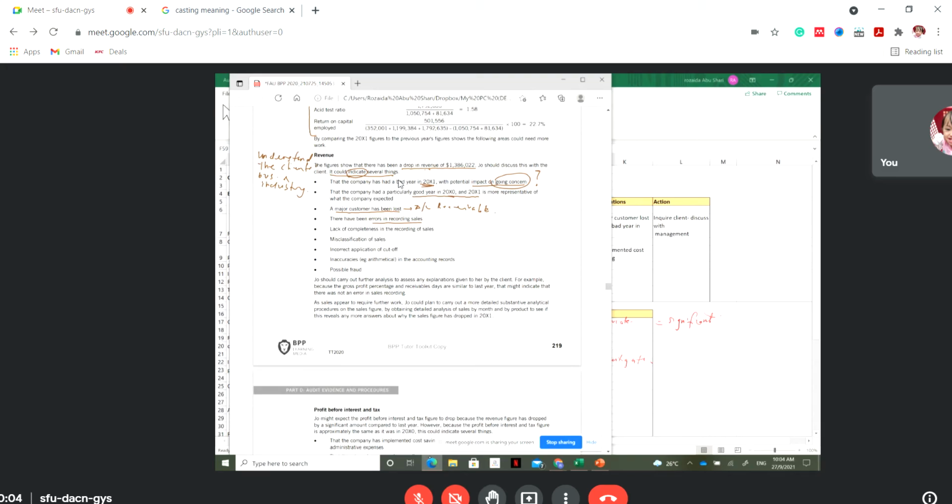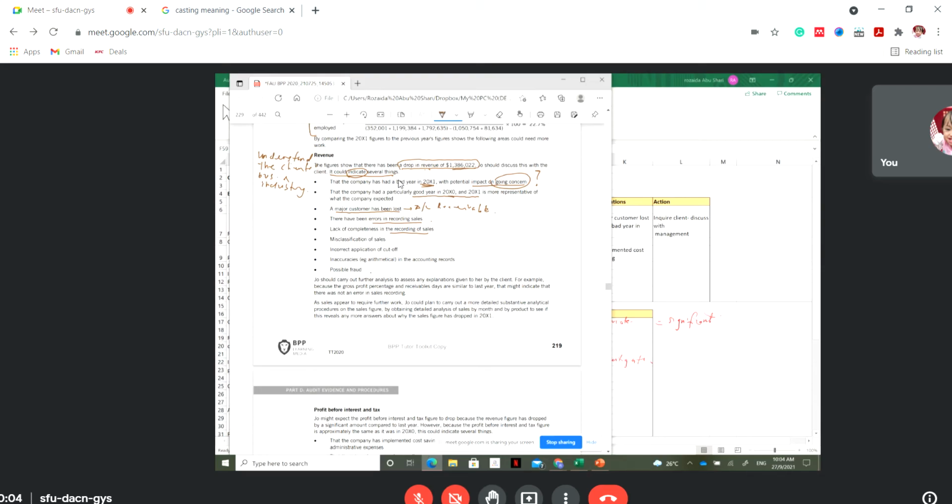Lack of completeness in recording of sales. Okay, for this item, the drop, we want to see what are the possible impacts when there is a drop in revenue. Maybe error in recording sales, maybe recording of sales incomplete, misclassification of sales, incorrect application of cut-off, inaccuracies in the accounting record, or any possible fraud.